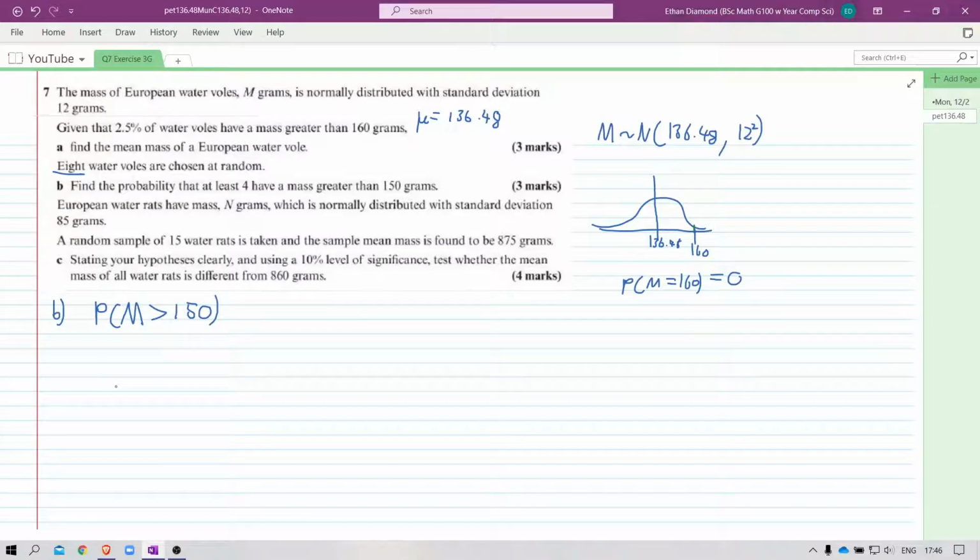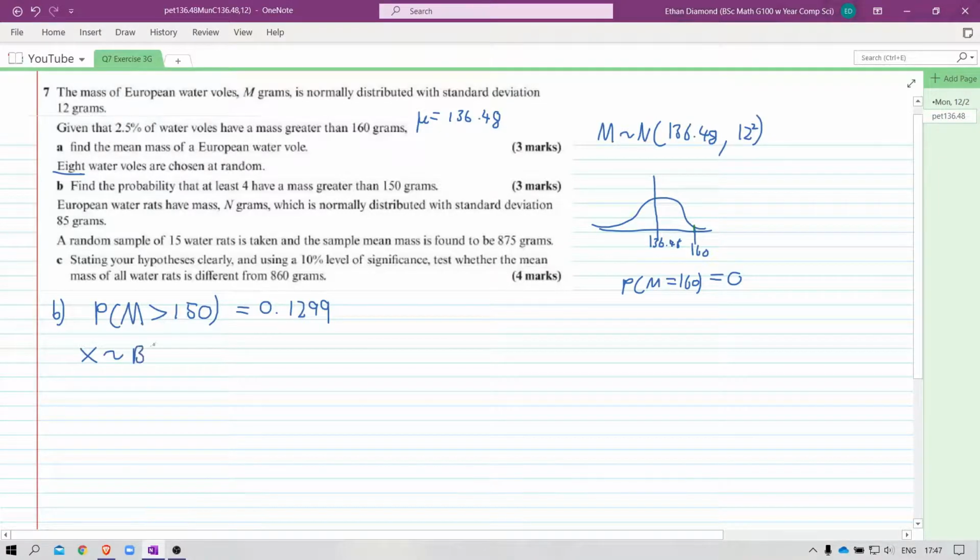Because we want to make sure that the range under the graph is big enough. Because there's an asymptote, basically this line here is an asymptote, we need a very, very large number. Sigma is going to be 12 and the mean is going to be 136.48. And putting that into my calculator, it gives me 0.1299.